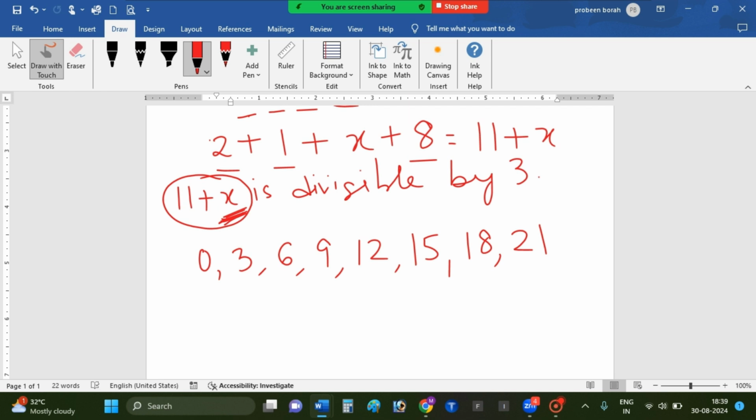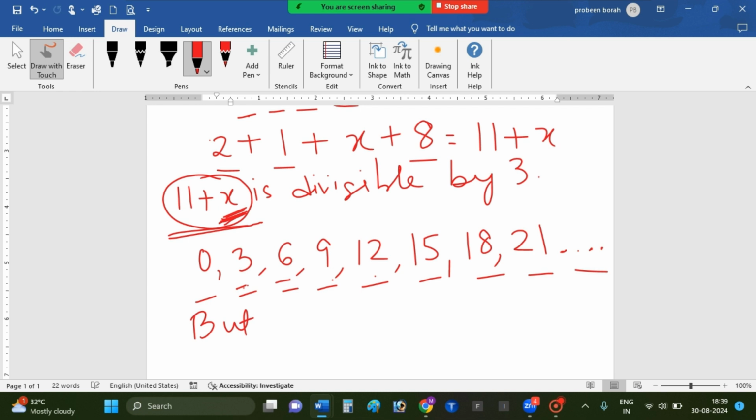If you know the 3 multiplication table, these are the multiples of 3: 3 times 1, 3 times 2, 3 times 3 is 9, 3 times 4 is 12, and so forth. So this continues. That means 11 plus x is either 0, 3, 6, 9, 12, 15, 18, 21, and so forth.